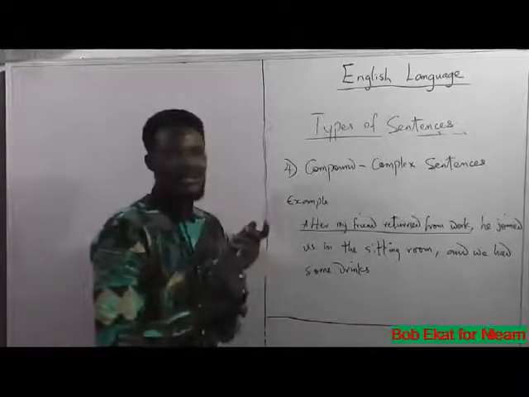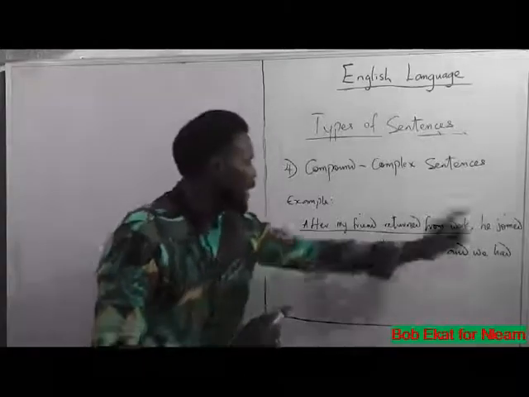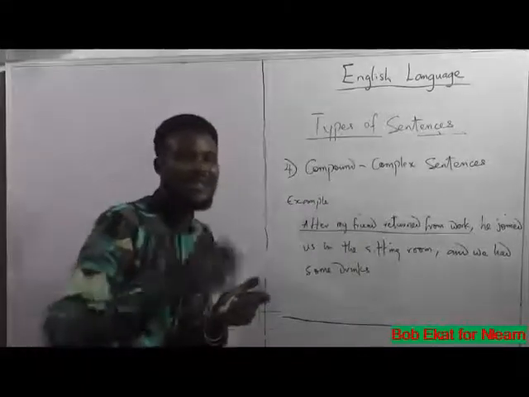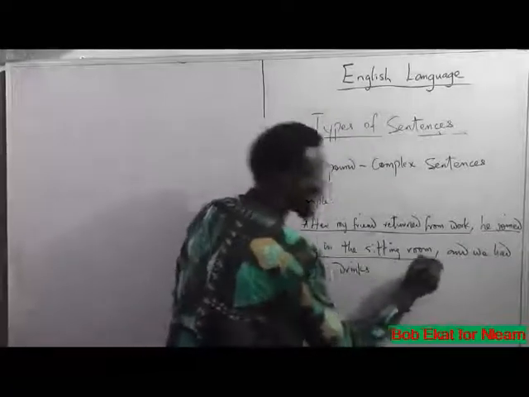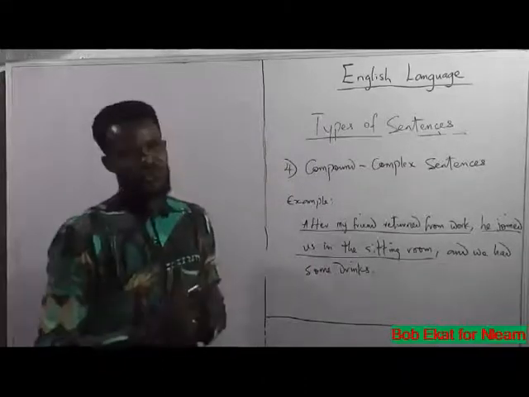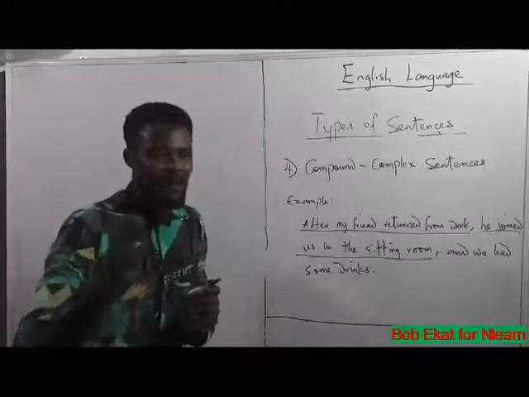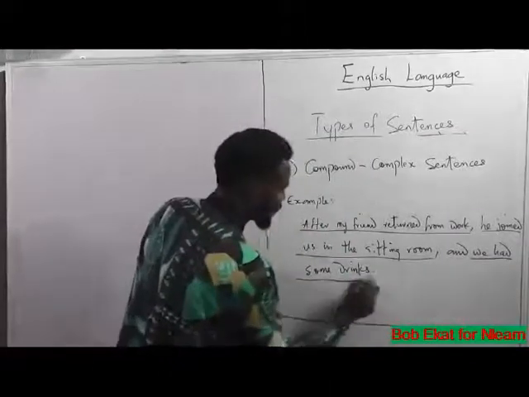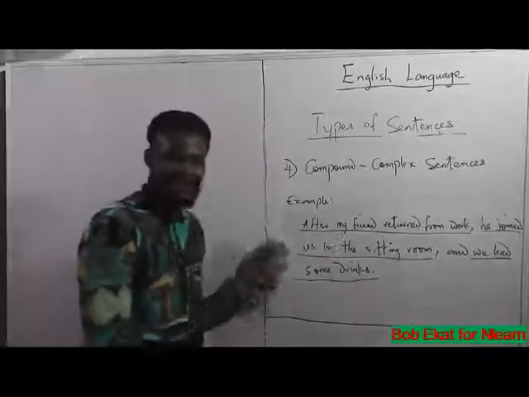After my friend returned from work, he joined us in the sitting room. He joined us in the sitting room. This here is another clause, but it is an independent clause. And then you have one more independent clause, which is we had some drinks. So you have three clauses in this sentence.